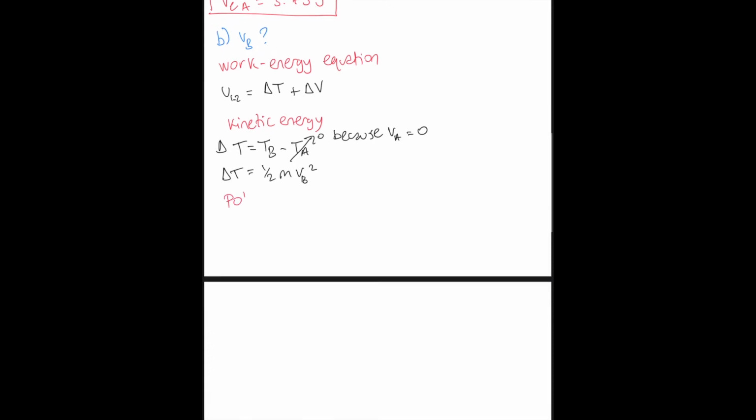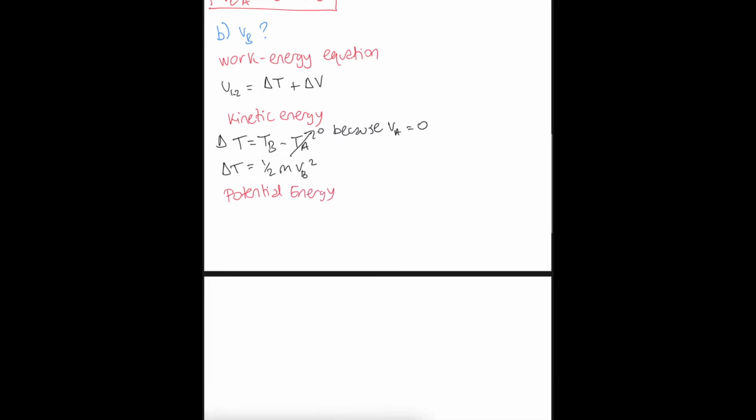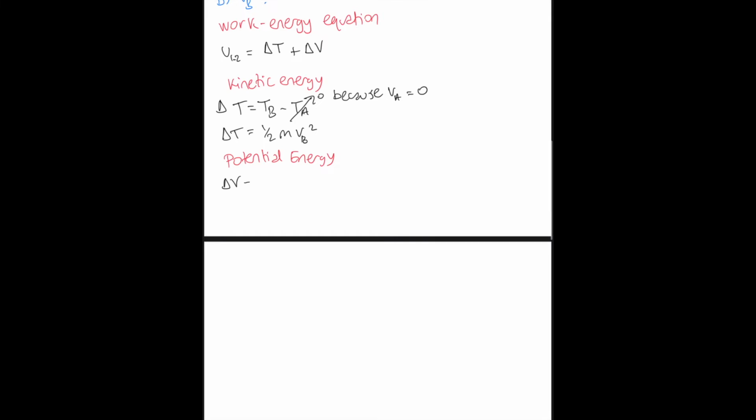Now for the potential energy, it's going to be delta V is equal to VEB plus VGB minus VEA minus VGA. Now, the gravitational potential energy at A is equal to 0 because HA is 0.